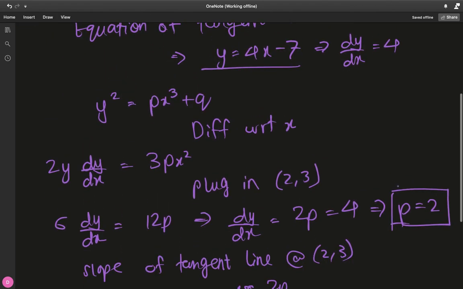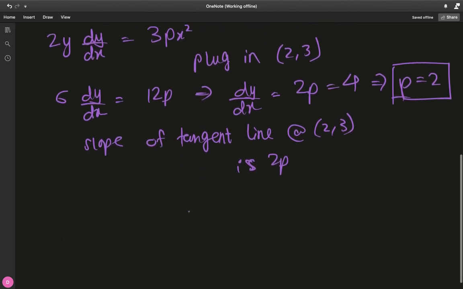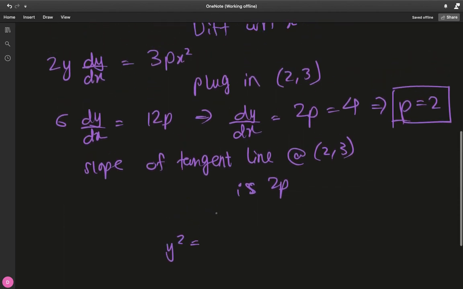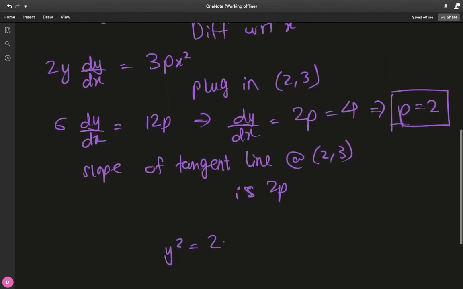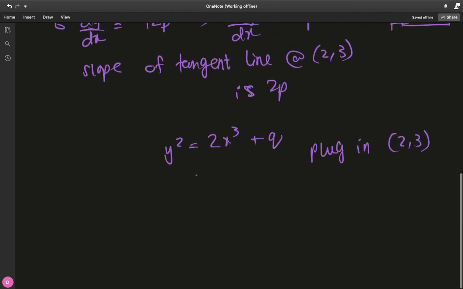Okay, so we know p is 2. Plug it into this equation number 1. So we have y squared equals 2x cubed plus q. Now plug in (2, 3) because we need to solve for q. So we have 9 equals 2 cubed, which is 8, times 2 is 16, plus q.